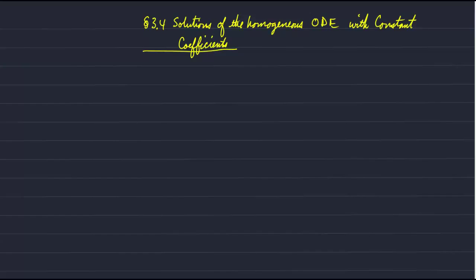Now, just to make sure we're all on the same page here, remember the general linear ODE could be expressed in the form of the nth derivative of y plus a coefficient p1, which is in general a function of x, times the n minus first derivative of y, summed all the way down to the p n minus 1 coefficient times y prime, the first derivative of y, plus p sub n of x times y is equal to 0.